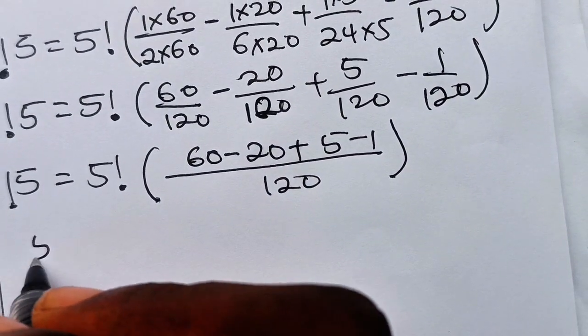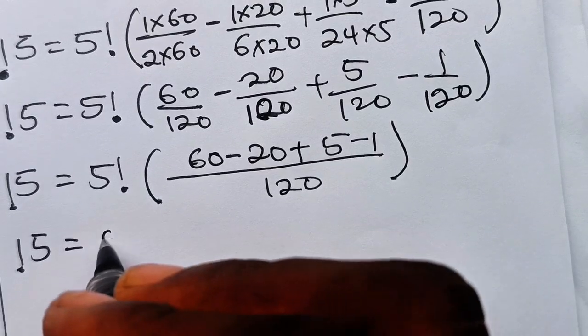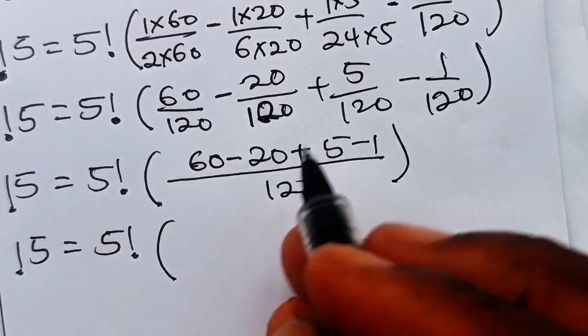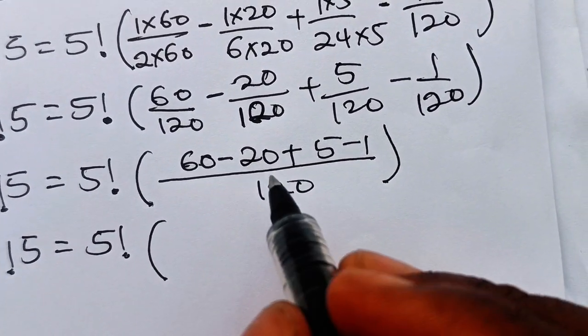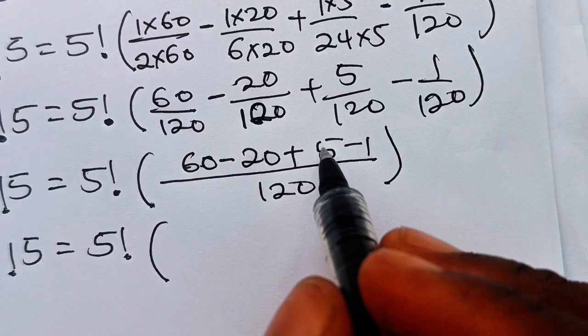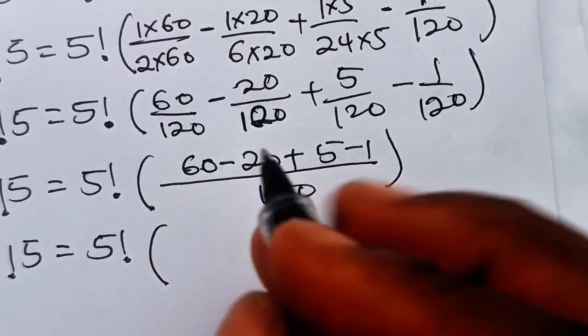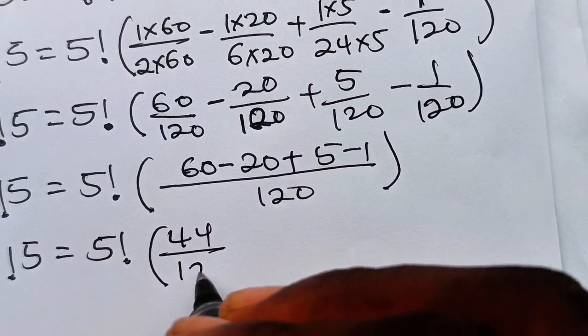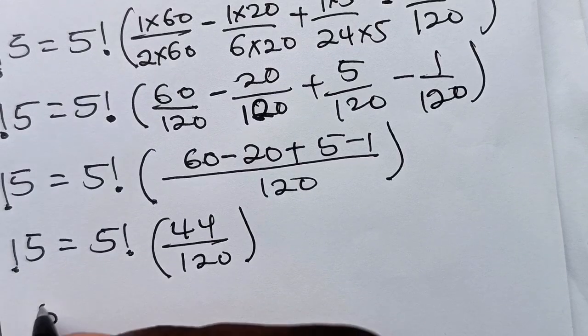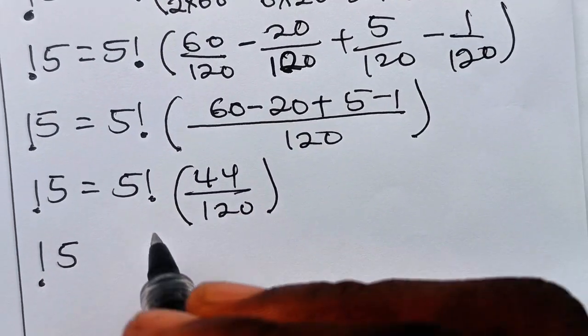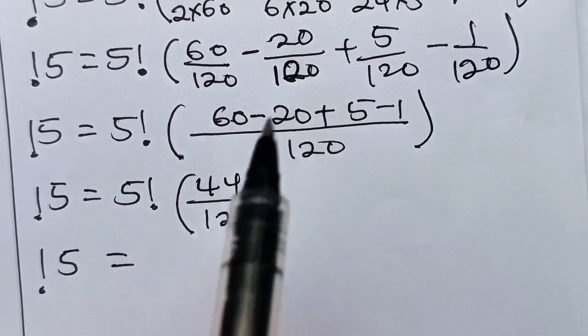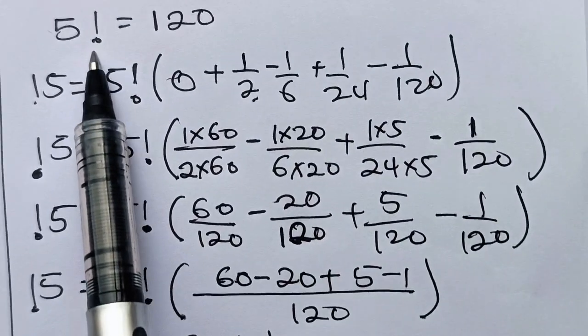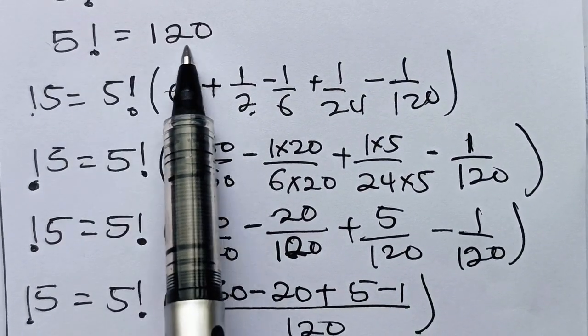Okay, so 5 subfactorial is equal to 5 factorial brackets. 60 minus 20 will give us 40. 40 plus 5 is 45. 45 minus 1 is 44. So we have 44 over 120. So 5 subfactorial is equal to, now remember that 5 factorial is equal to 120.